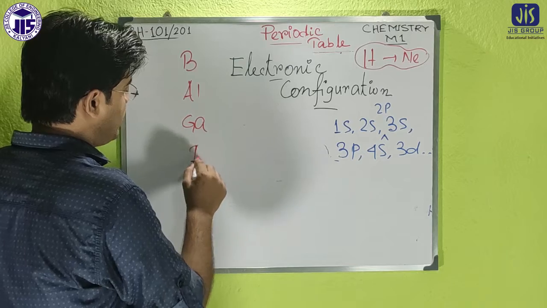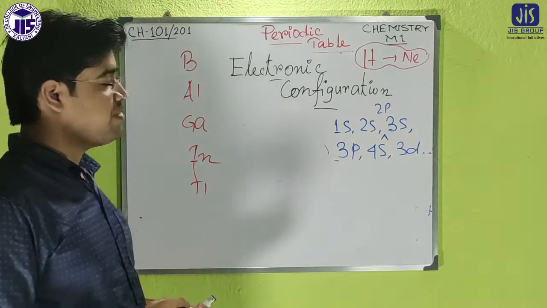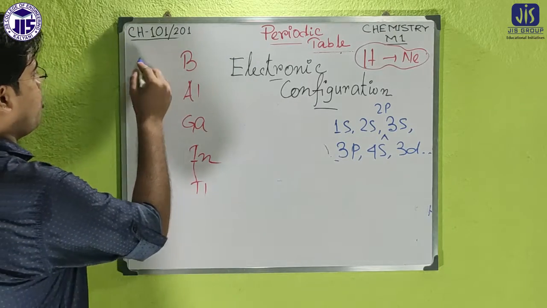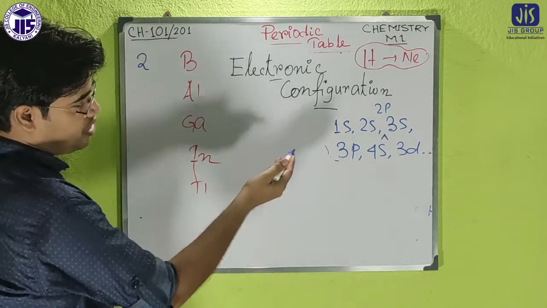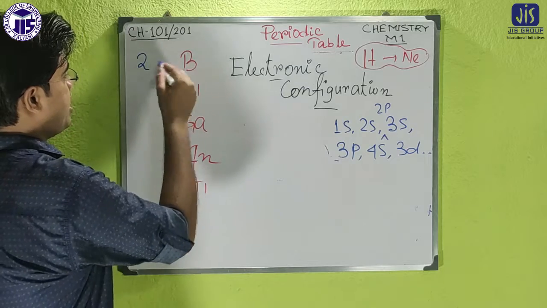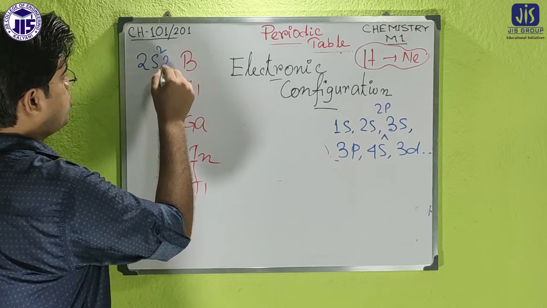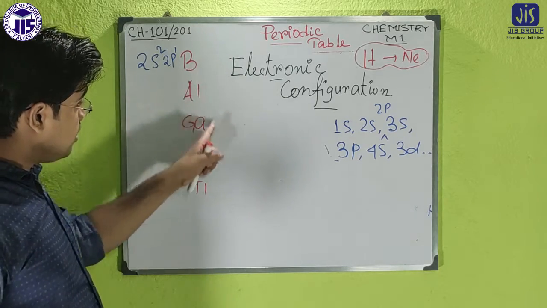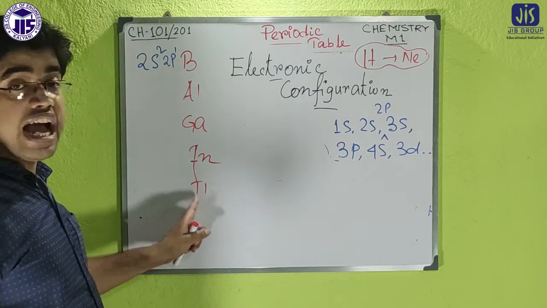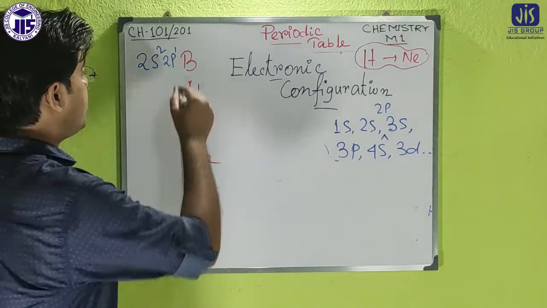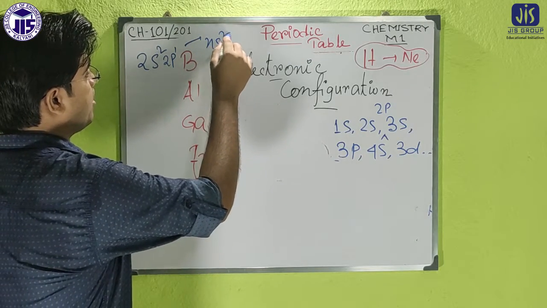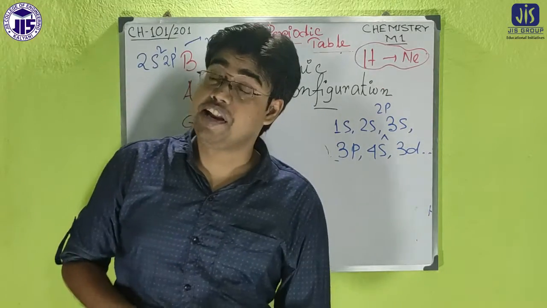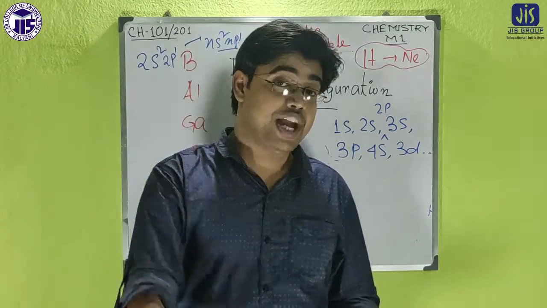The electronic configuration of boron, which we already discussed, is 2s2 2p1. That means all the elements of that group will have the electronic configuration ns2 np1. All the elements should have the same electronic configuration, ns2 np1.